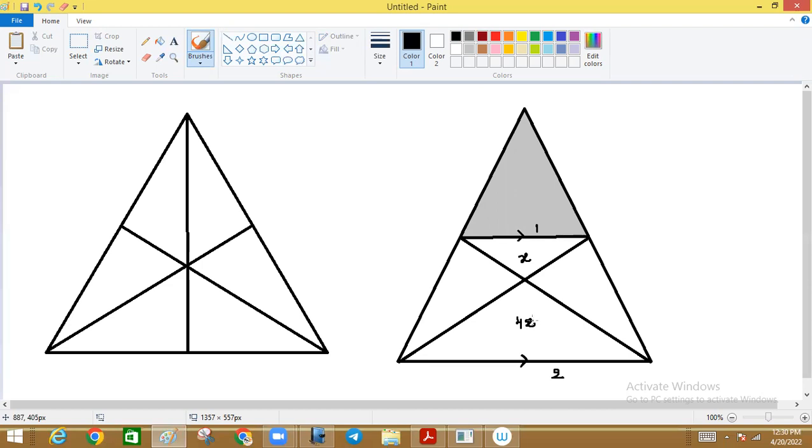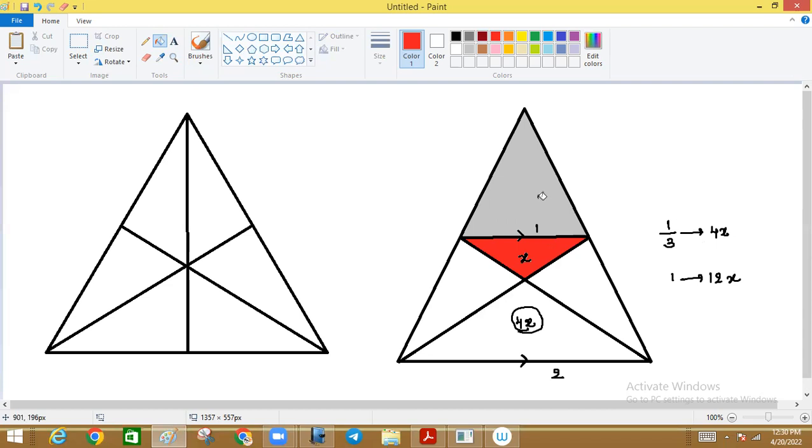Because sides are in 1:2 ratio, areas are in 1:4. But this 4x is 1/3 of the total area, so the total triangle area is how much? 12x. So if I shade this red triangle, it is what part of the entire triangle? The red one is actually 1/12 of the entire triangle.